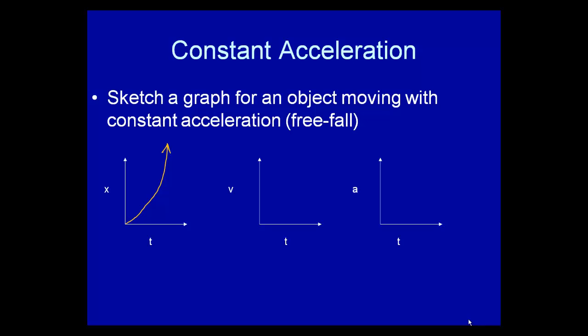Now, since it's moving and getting bigger each time, but it's a constant change, the velocity looks like that. The velocity is changing, but it's always changing by the exact same amount. And then finally, your acceleration value stays the same value the entire time. So it looks like that.